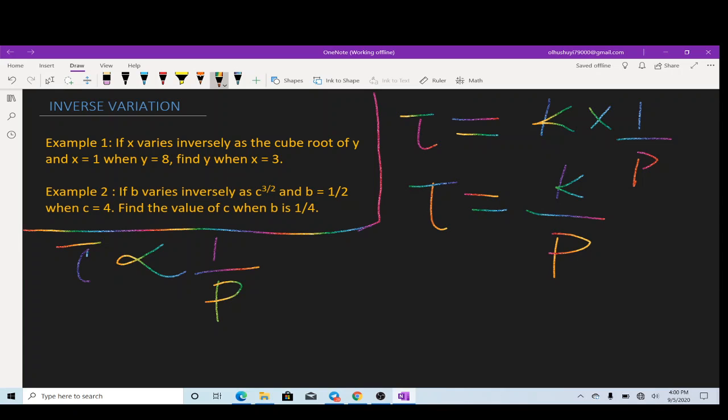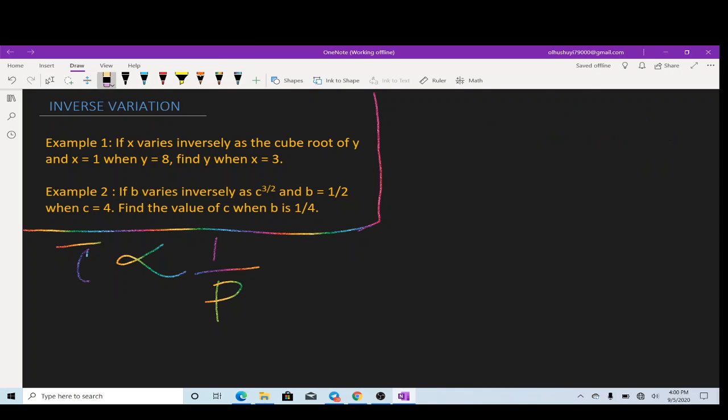Am I good to go? I'm sure you understood that. So let's go to our example straight away. It's possible to be told that the relationship between the temperature of a body and the force applied to it is inverse.